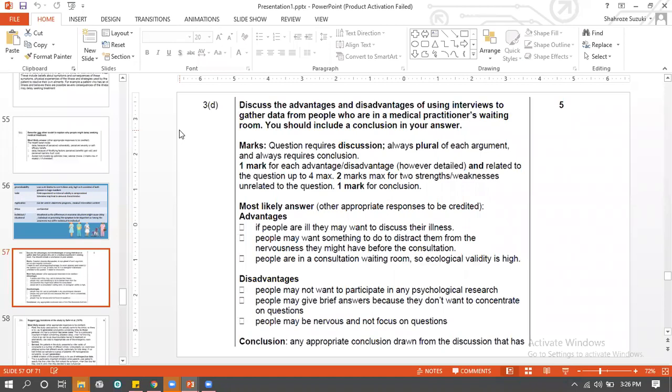What could cause demand characteristics? Why would they lie in the waiting room, right? People might lie so that others don't just.